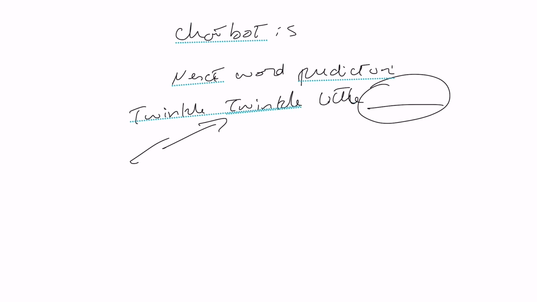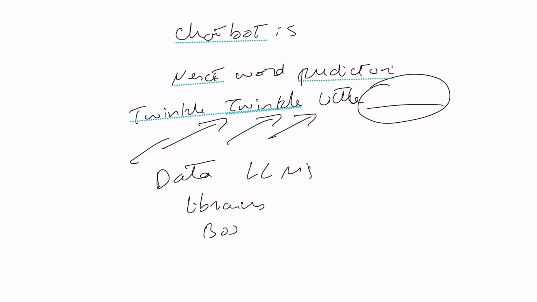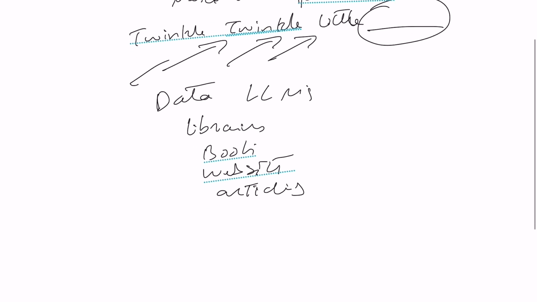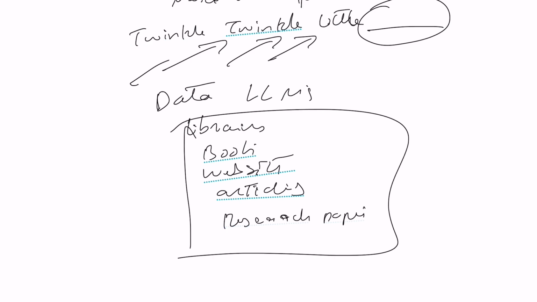And similarly, if you feed a lot of data to the LLMs, data can be libraries, books, websites, articles, and research papers, etc., with a lot of patterns, then your model becomes mature and it can respond with respect to all this data.